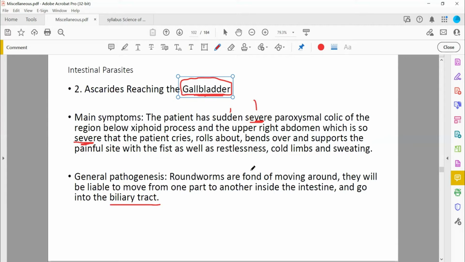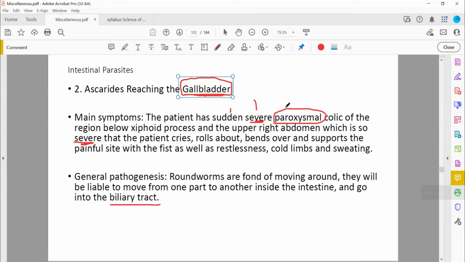And this pain is paroxysmal, on and off, right? Because why? Because the ascaris, the parasites, they are alive, right? So they keep moving. If they're moving, there will be pain. If they don't move, they just stay there or move backwards, it could feel a little bit better.